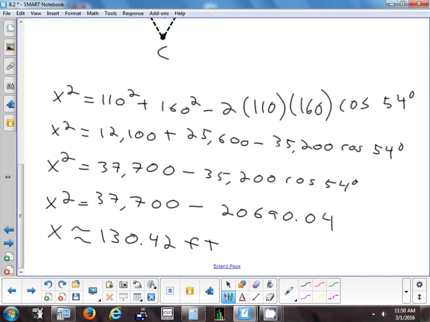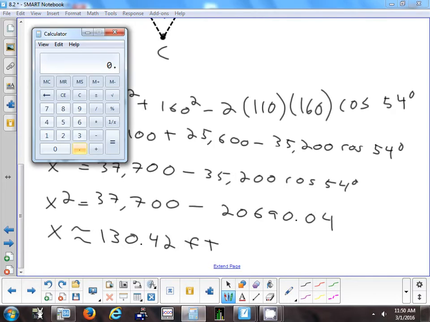Now what if I said to you I wanted the answer in feet and inches, like 130 feet and how many inches? How would you do that? What would you multiply by 12? Just the 0.42 part. So we have 130 feet, and then we have 0.42 feet left over. That's 5 inches.